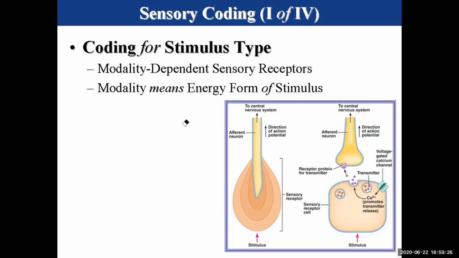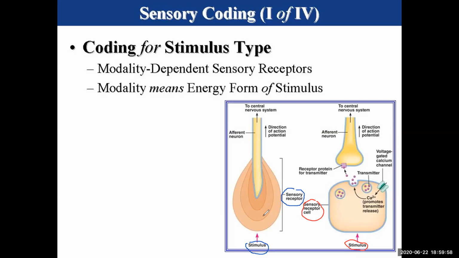Now, it takes two to tango, right? It requires the presence of the stimulus, but also the specific receptor that is tuned to that stimulus. So for example, here, this stimulus needs to be recognized by this particular receptor cell. The chemical from food would not be detected by the Pacinian corpuscle and vice versa.